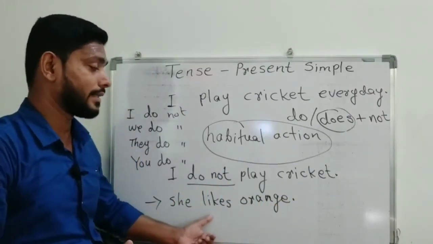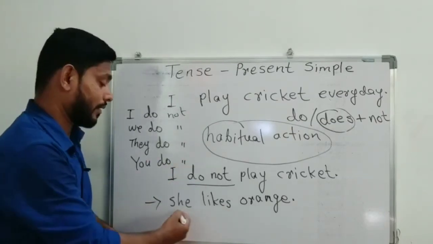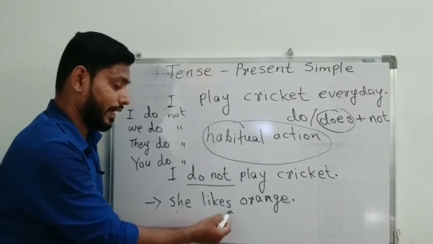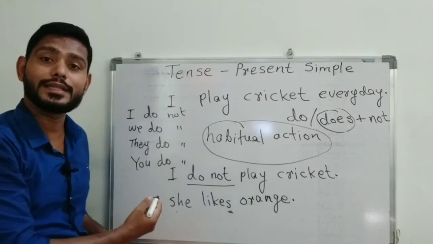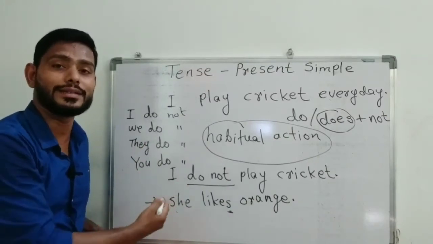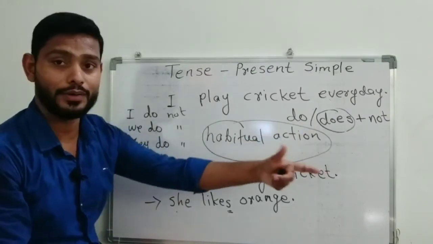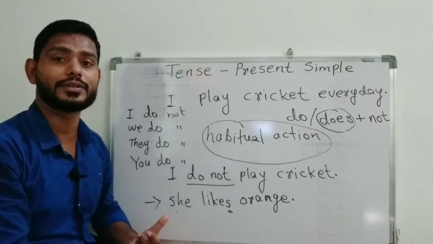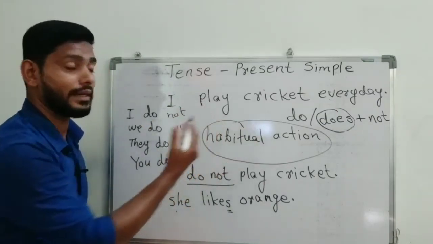She likes orange. She is third person singular, and the verb is also in singular form with this s addition. Okay, she likes orange. If you want to make this sentence negative, how can we make this sentence into negative? We need to add does not, because the person here is she, singular, so that's why we have to add the singular form of the verb does.